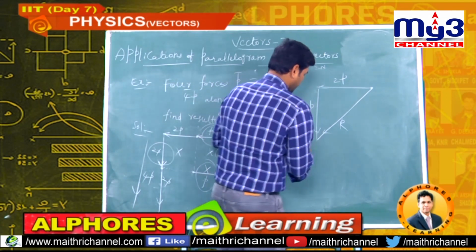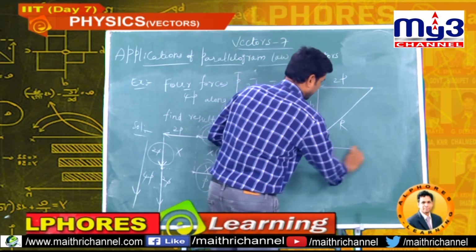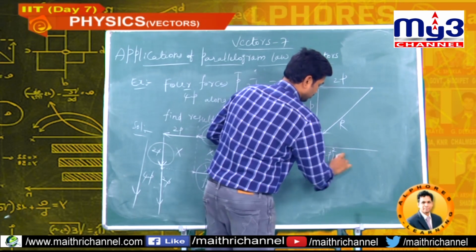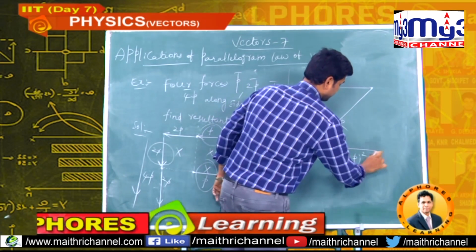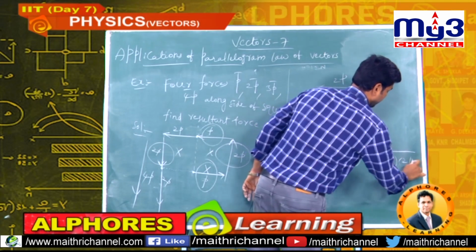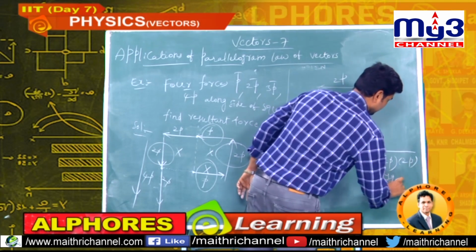Once again, R is equal to the square root of (2P) whole square plus (2P) whole square plus 2 into 2P into 2P into cos 90.